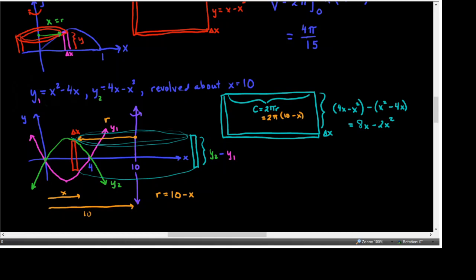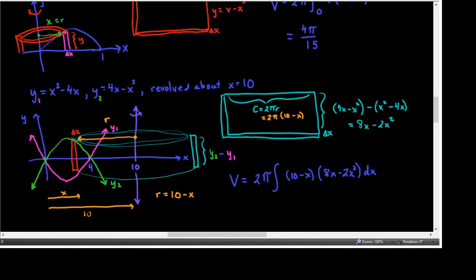Okay, so now the volume is the length, which is 2 pi times 10 minus x. I'm pulling the 2 pi out. So 2 pi times integral 10 minus x. So that's length times width, which we simplify to be 8x minus 2x squared, times thickness becomes dx.